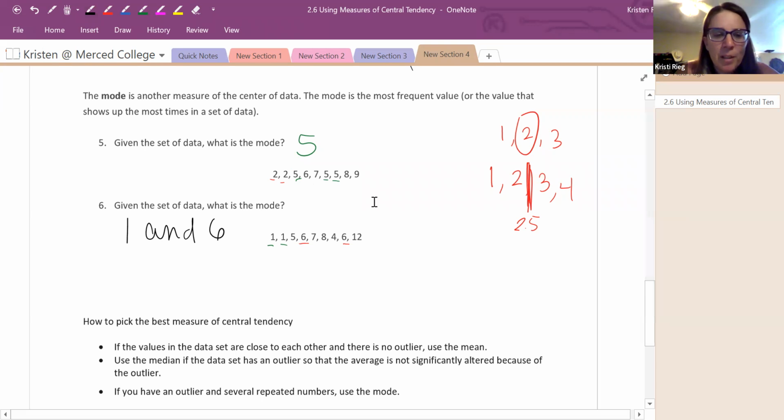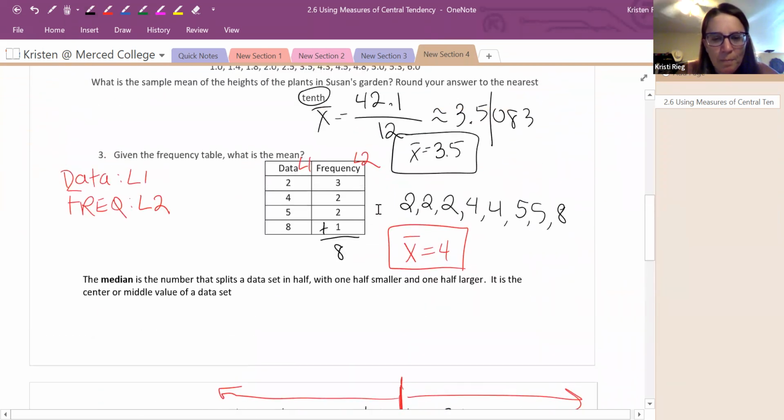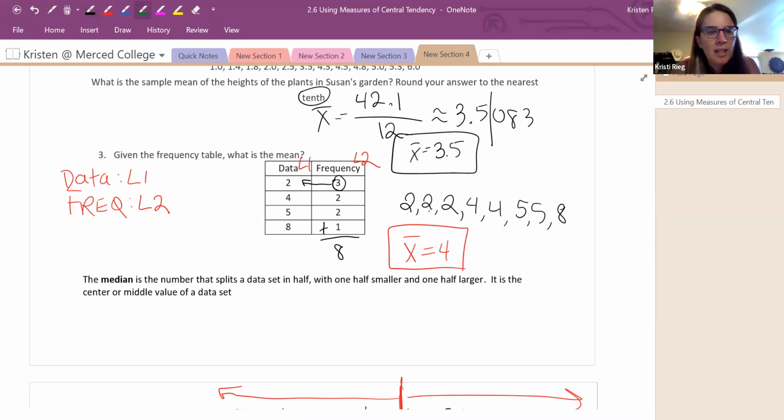Speaking of frequency, let's just go back real quick to this table right here. Which number occurs the most would have the highest frequency. So on this list, 2 occurs the most because it has the highest frequency. The frequency is 3. And if you look at our list written out, you can see, okay, yeah, that actually makes sense.